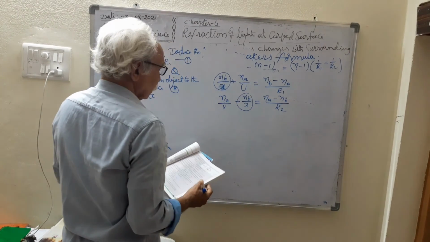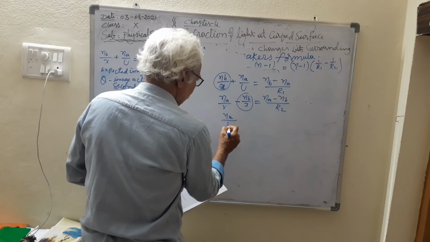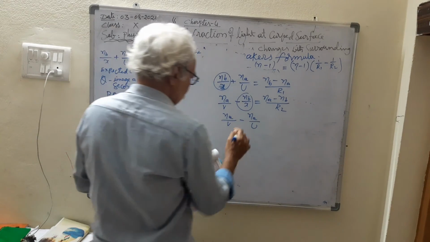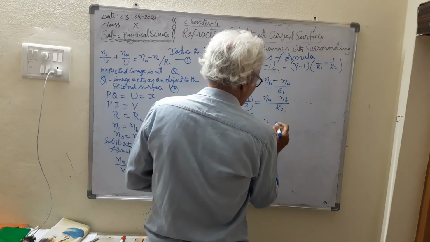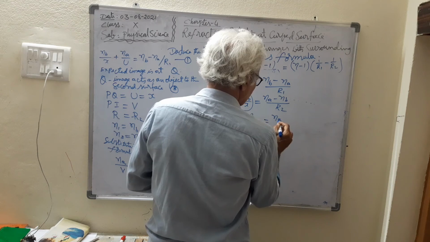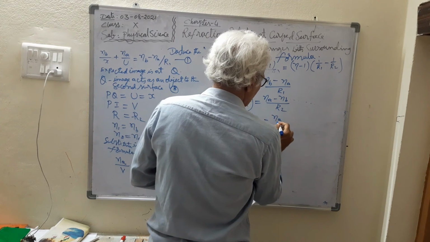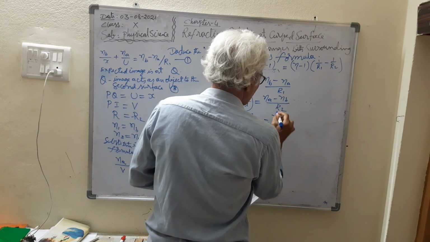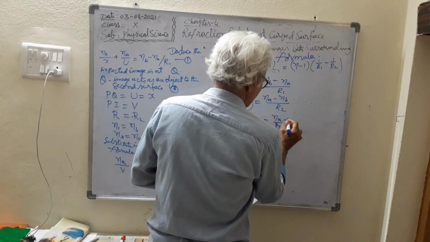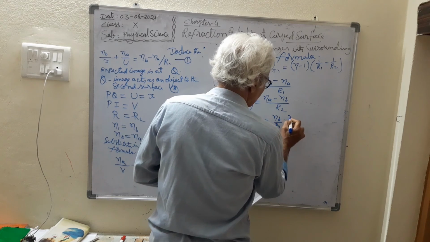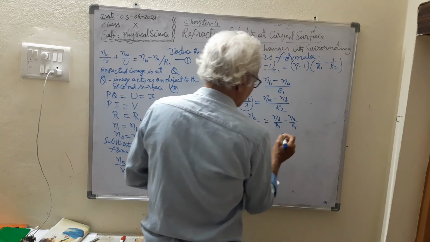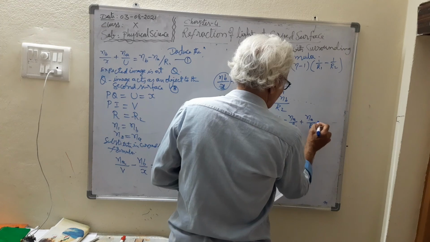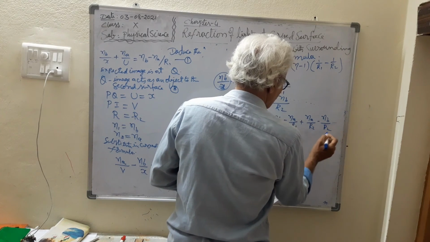So what remains here is NA by V plus NA by U is equal to NB by R1 minus NA by R1 plus NA by R2 minus NB by R2.